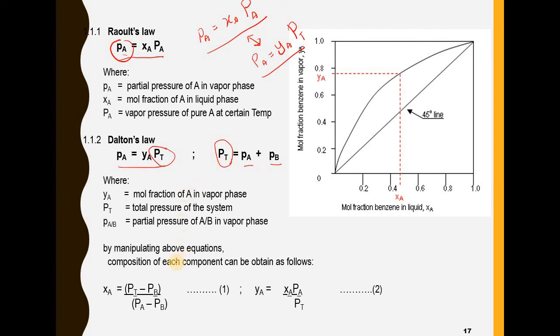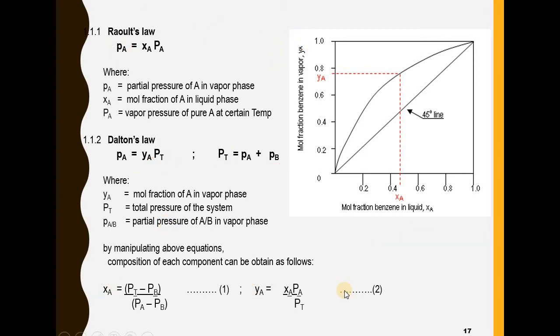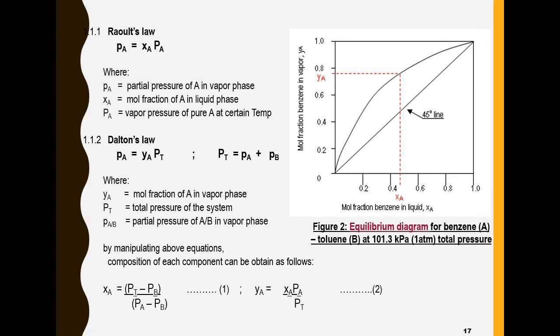By manipulating the above two equations, we can get the composition of XA and also YA. I will show you how you can manipulate this data. For Dalton's and Raoult's law, if we manipulate both equations, we will get another equation. This is for Raoult's law.